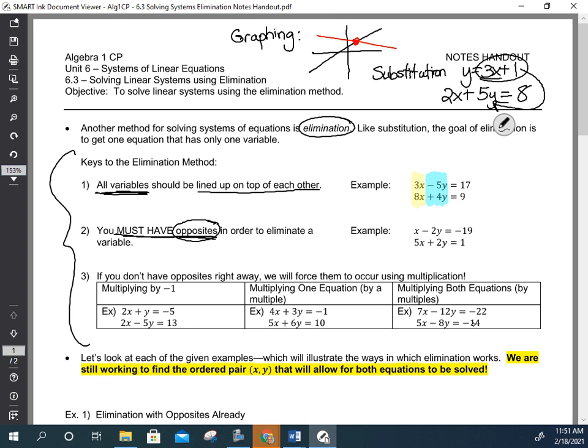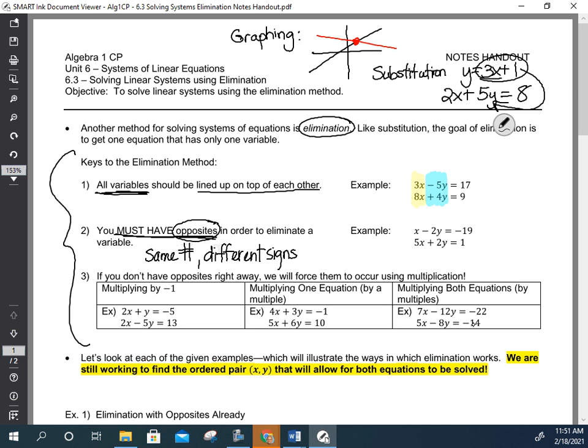So opposites mean the same number, different sides.